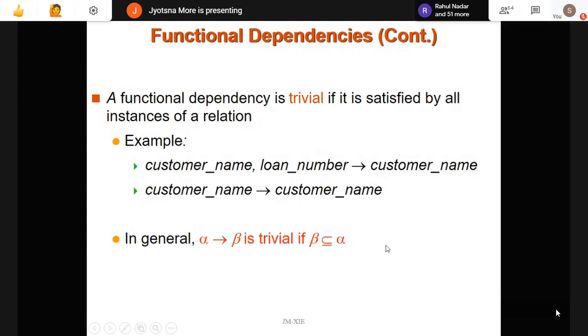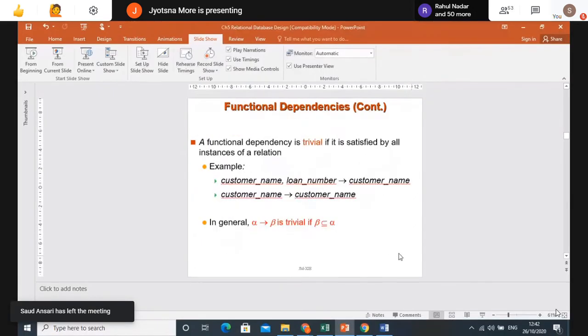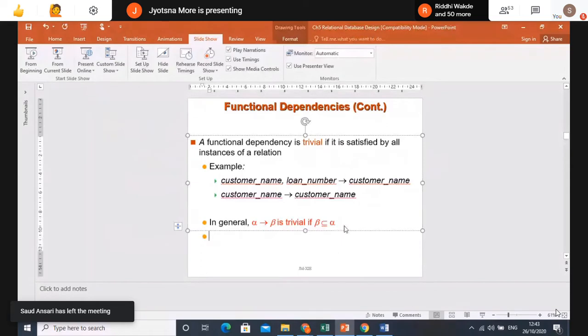Another example for your understanding: we usually say alpha determines beta.